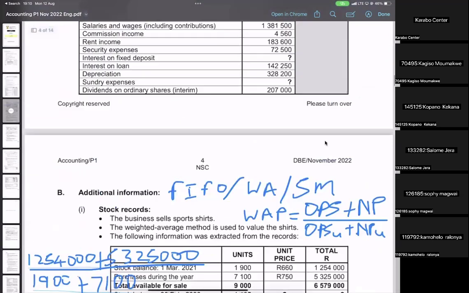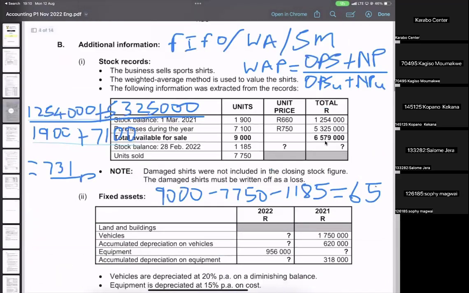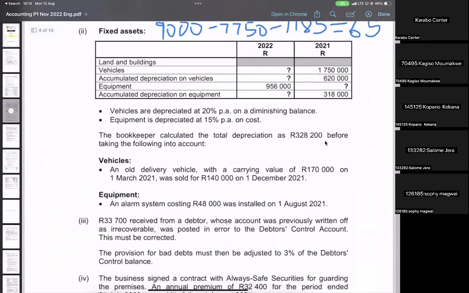So the question says we have to calculate the profit or loss on sale of the delivery vehicle. So here we have our transaction. It says vehicles are depreciated at 20% per annum on diminishing balance method.